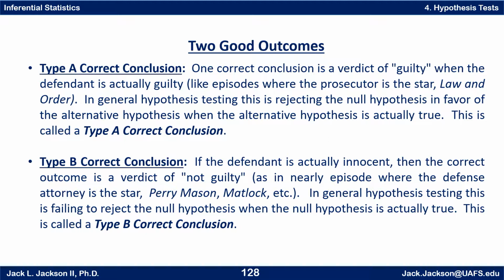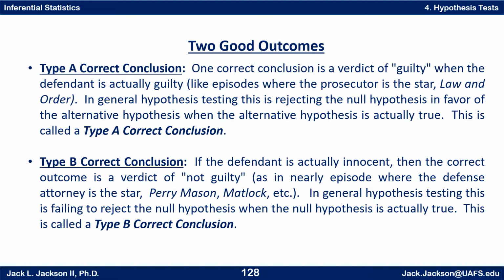In general hypothesis testing, this is going to be failing to reject the null hypothesis when the null hypothesis is actually true. This is called a type B correct conclusion. If they're really guilty of the crime, you want them to be convicted. If they're really innocent, you want them to get a verdict of not guilty.